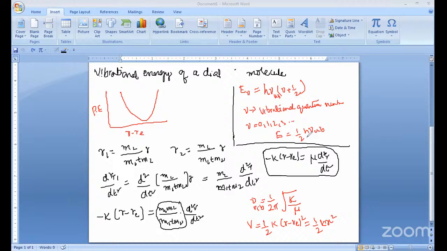That means according to quantum mechanics, only particular energy levels are allowed; it is not continuous. So like that, we have the energy of this vibrating diatomic molecule.